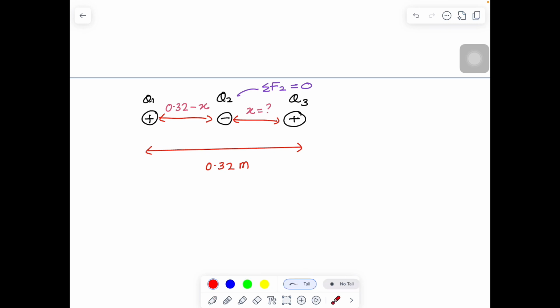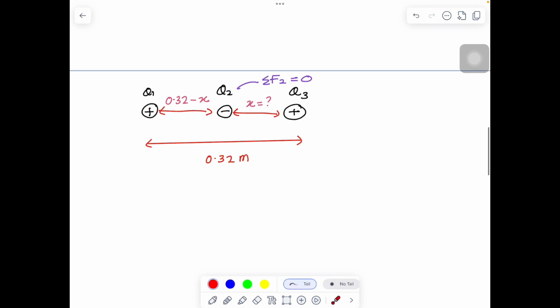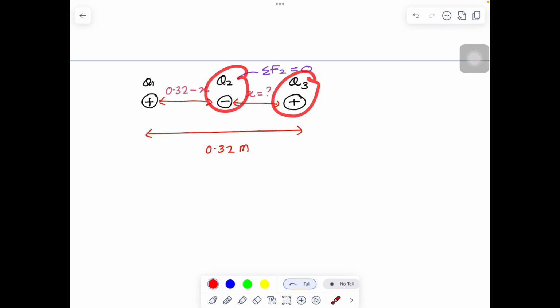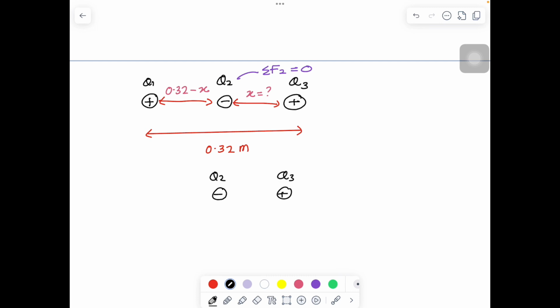Okay, so buat macam tadi. First of all, since kita punya fokus kepada Q2, so kita lukis diagram untuk Q2. Q2 dan Q3, negatif, positif. Let me draw again lah, supaya lebih nampak. So Q2 dan Q3 negatif dan positif, they will attract each other.